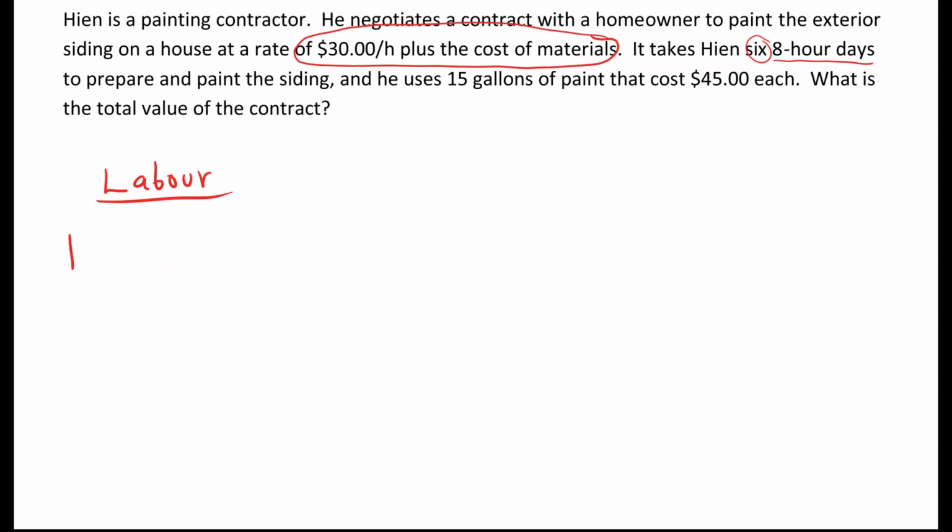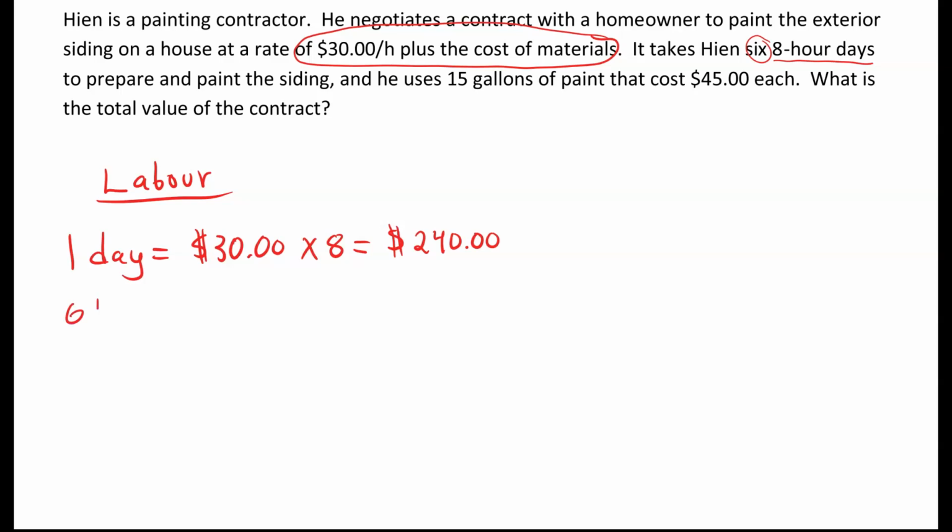Now, 1 day means he's getting $30 an hour multiplied by 8 for the number of hours that he's working, which gets us a total of $240.